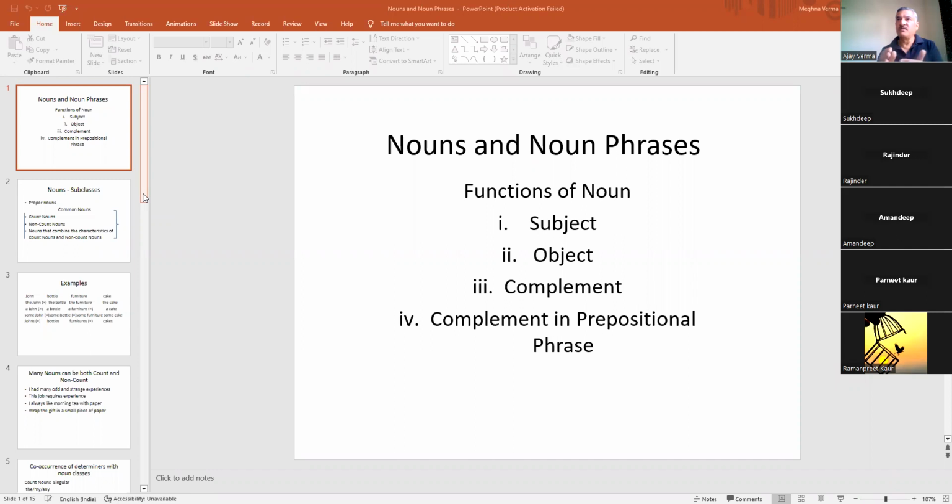The book keeps referring to those also, but most of those are covered under the basic classification in this book of count, non-count, and those nouns which combine the characteristics of count and non-count nouns.